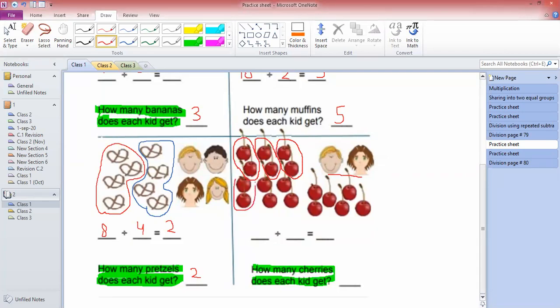Again count 1, 2. Make a group. Why are you making groups of 2? Because there are 2 kids. Again make a group of 2. 1 and 2. 1 and 2. Now 1 and 2. This one and this 2.